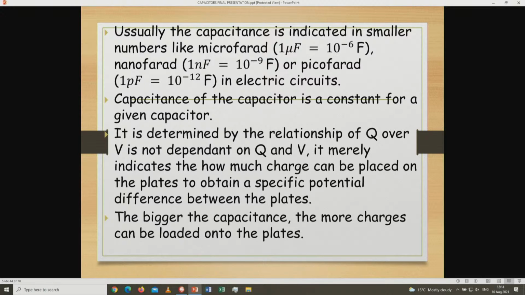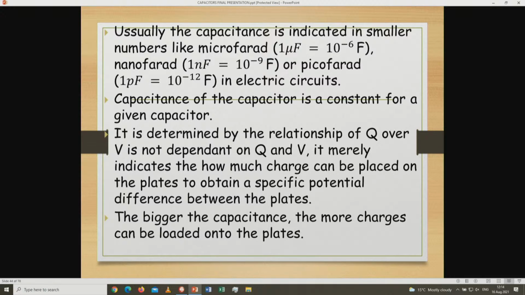The capacitance of a capacitor is constant for a given capacitor. It is determined by the relationship of charge over potential difference, and it is not dependent on the charge and potential difference. It merely indicates how much charge can be placed on a plate to obtain a specific potential difference between the plates.